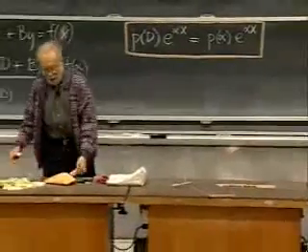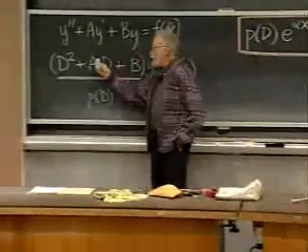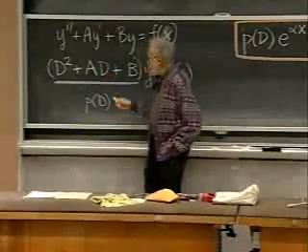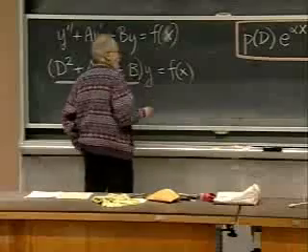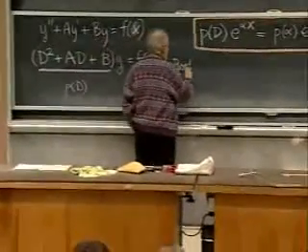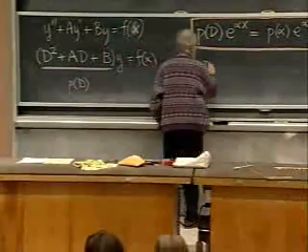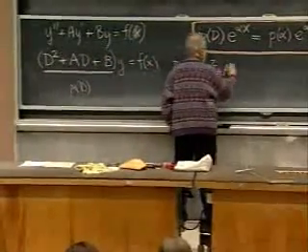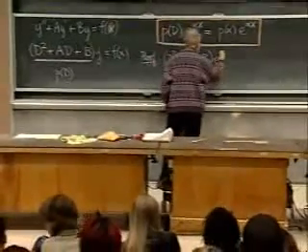Now, this hardly requires proof, but let's prove it just to reinforce things and make sure you're on board all the time. How would I prove that? Well, just calculate it out. What, in fact, is D squared plus aD plus b applied to e to the alpha x?